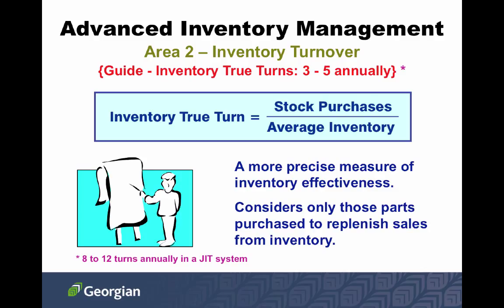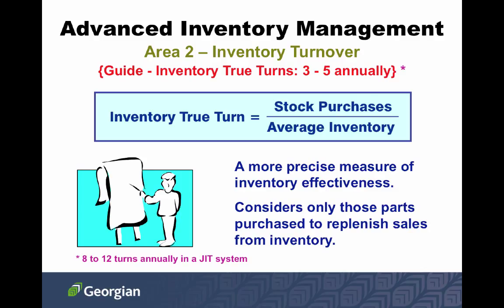Page 1, the balance sheet of the manufacturer statement usually has a working capital number that is, there's a minimum working capital criteria, so it's widely observed, but it really says nothing about how effective my inventory is or whether I stock the right parts. That's only inventory true turns can do that.